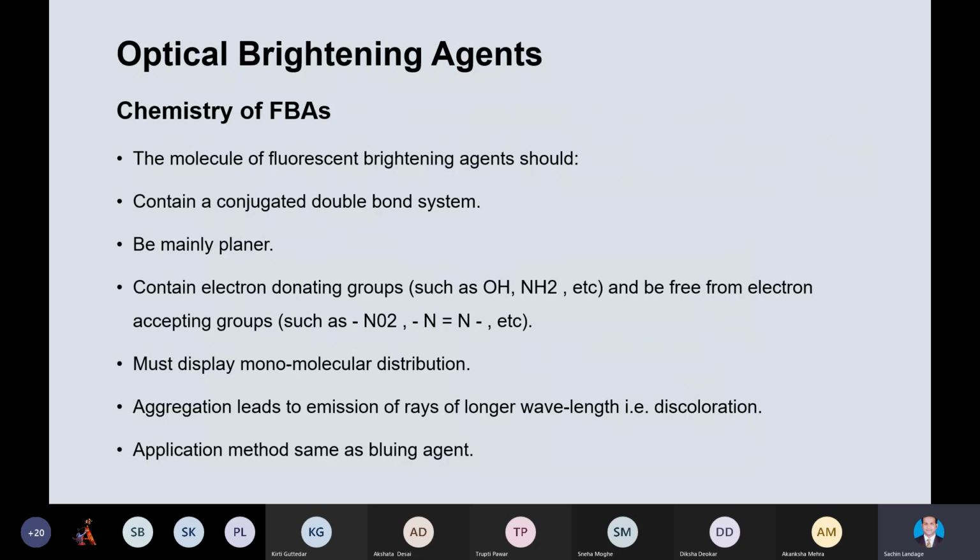As I told you, we will not go into the details of the chemistry and the chemicals we are using, but a little bit of information must be with you. OBAs contain conjugated double bond systems, and the structure is planar, in one line.